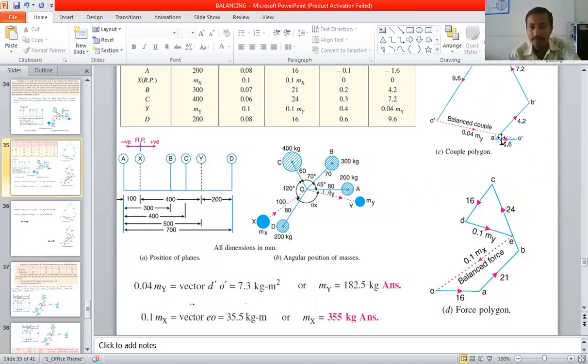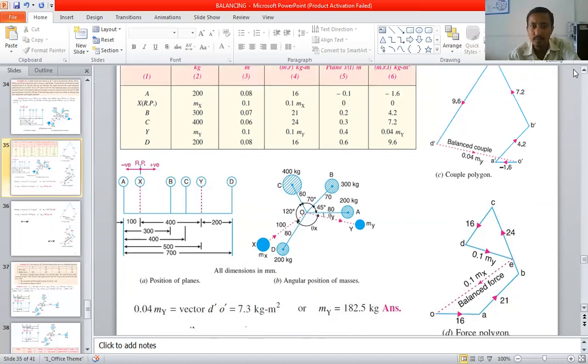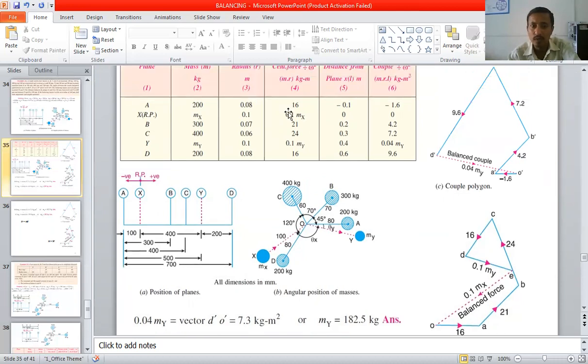Similarly, next, how do we find MX? Again you go for the fourth polygon. In the fourth polygon there is no plus or minus, directly. So look, we take the starting point, and again you need to take a suitable scale. So we need to use the values of this table, this column.